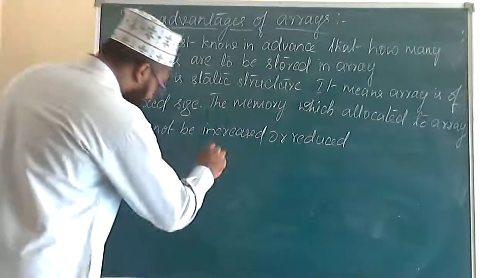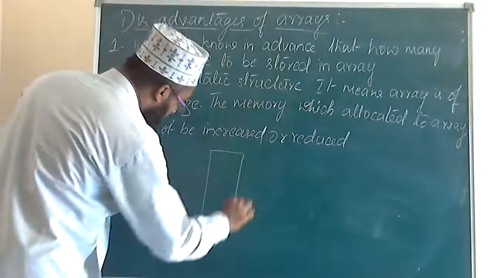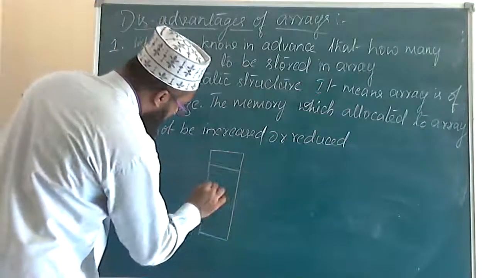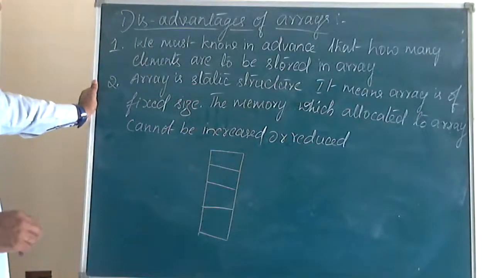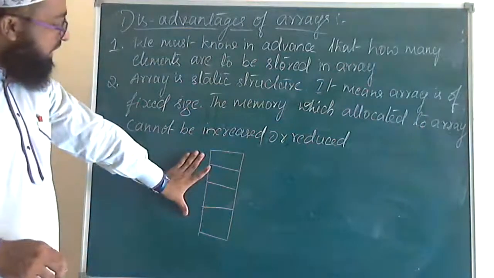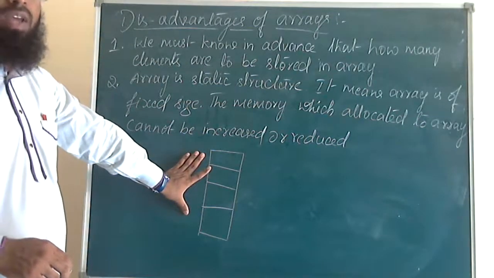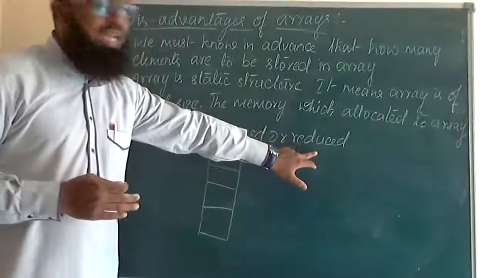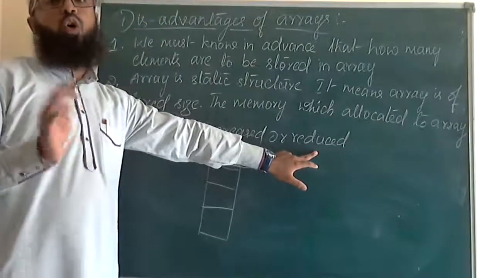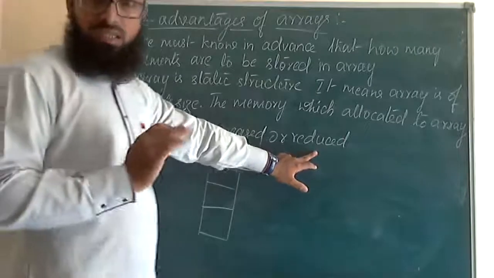If we are having an array of size 4, then this must be the fixed size of the array. If you want to increase or decrease it again, that is not allowed in an array.